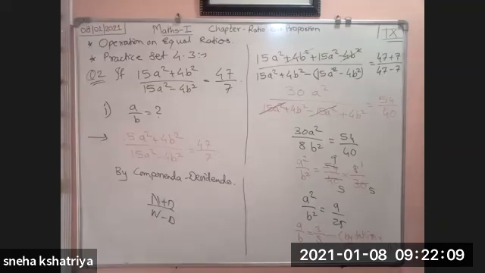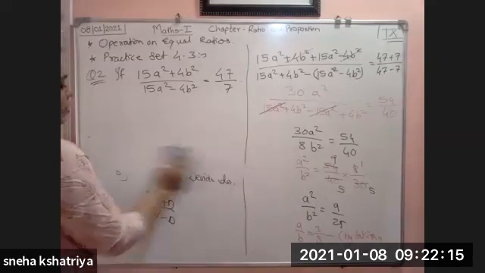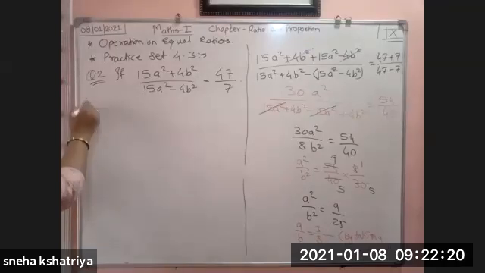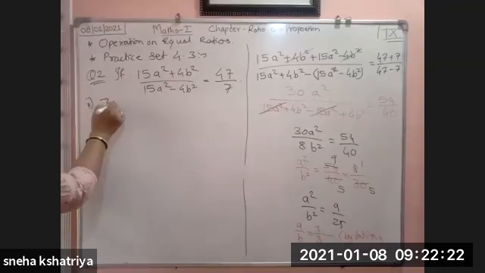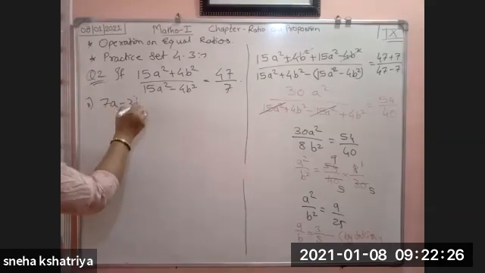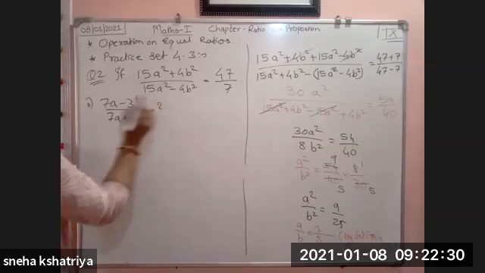Now next, second one, is 7A minus 3B divided by 7A plus 3B. This value we have to find out.